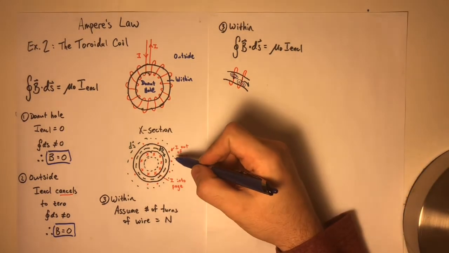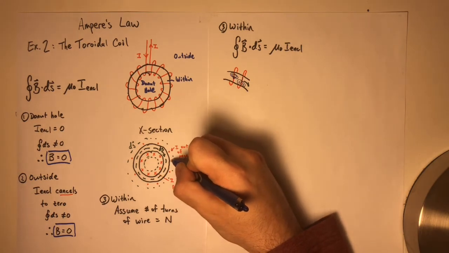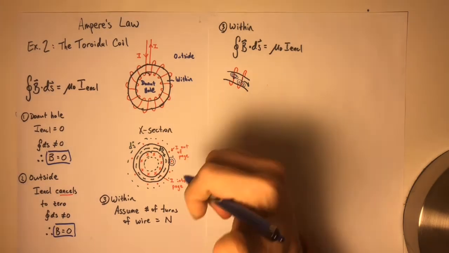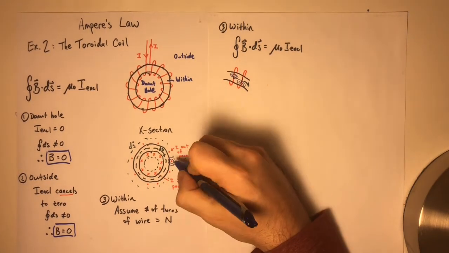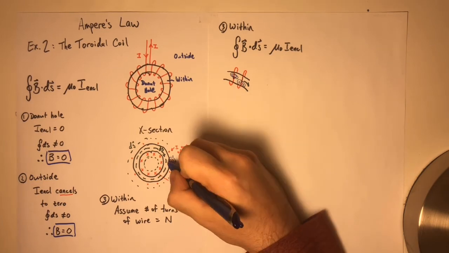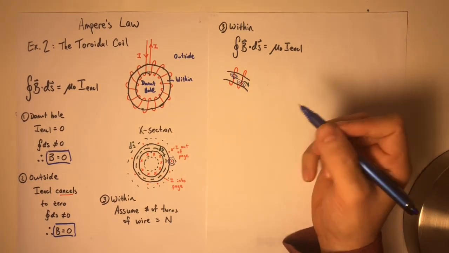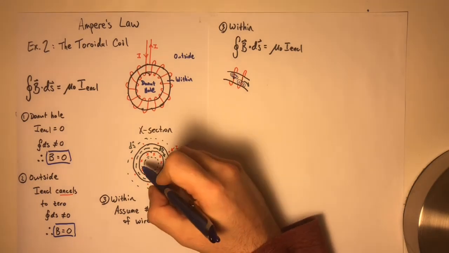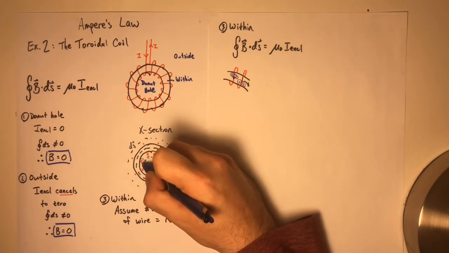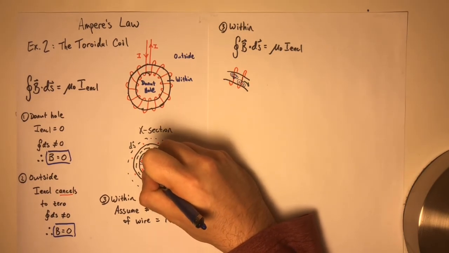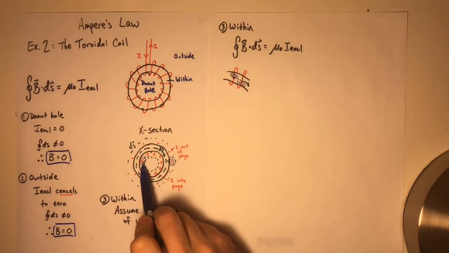An alternative way to try to visualize this is to imagine each one of these things represents a wire carrying current. If the current is out of the page, then you have magnetic field lines that are in counterclockwise directions for this section, and you have magnetic field lines that are clockwise for the intersections.